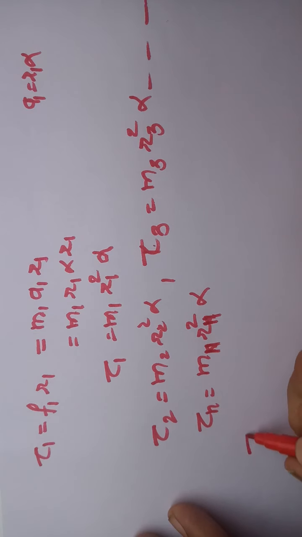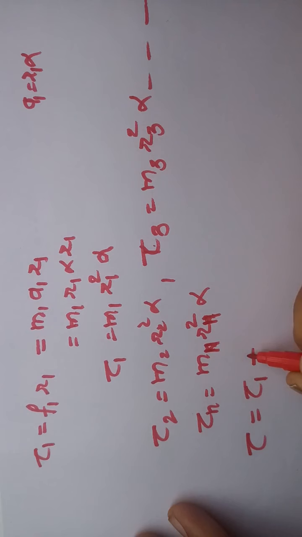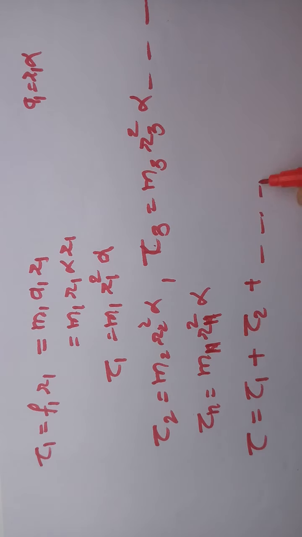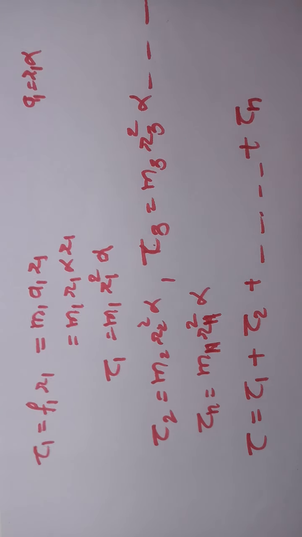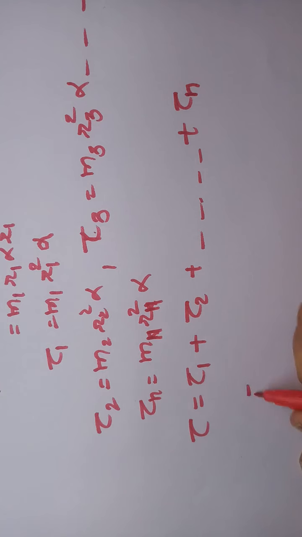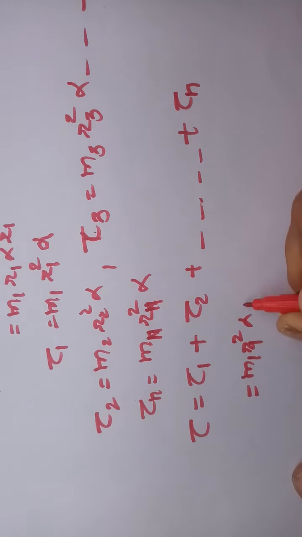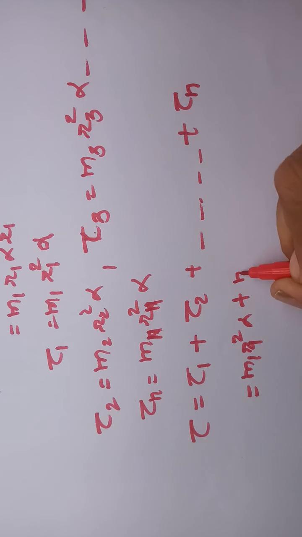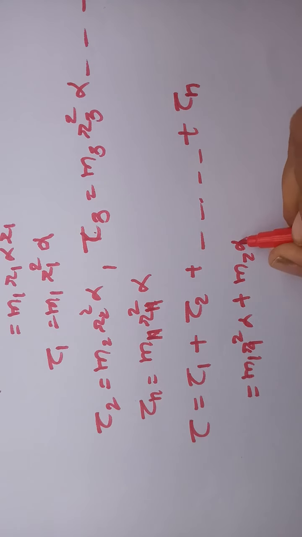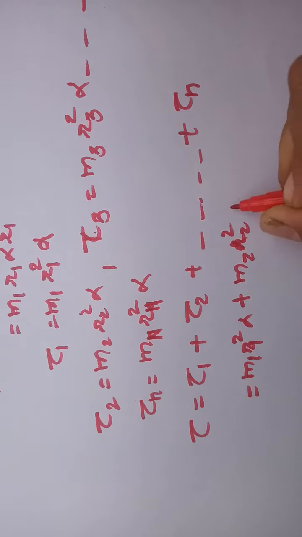We can calculate the total torque by taking the sum of these individual torques, torque 1 plus torque 2 plus and so on up to the torque of the nth particle. Now this expression is very easy. You can write torque 1 is equal to m1 r1 square alpha plus torque 2 is equal to m2 r2 square alpha.